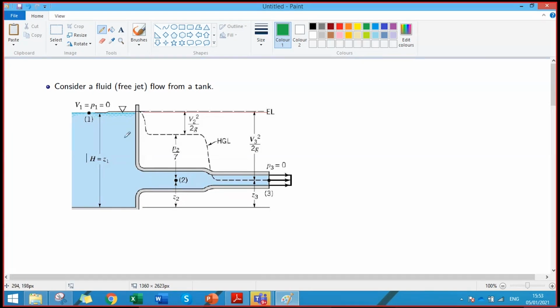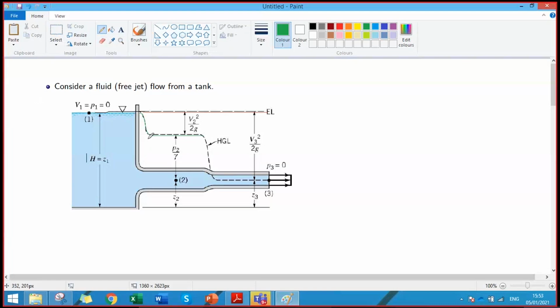So the static pressure will drop and we'll have this V2. If we can calculate velocity 2, we can draw the hydraulic grade line. The difference between the energy line and the hydraulic grade line is the velocity head.